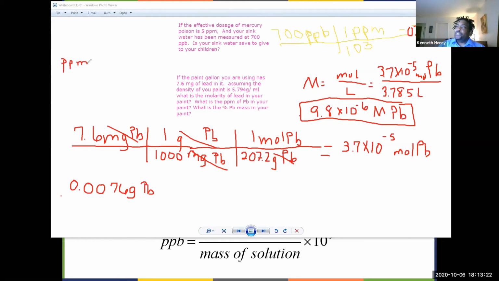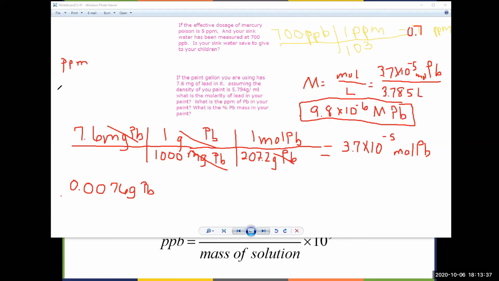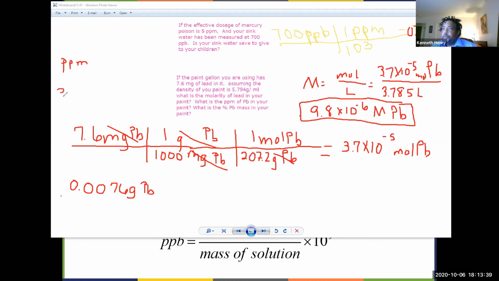Do I have the mass of the solution? We can calculate it. We are given the volume of solution and the density of solution. So we have the volume of solution, which was 3.785 liters.